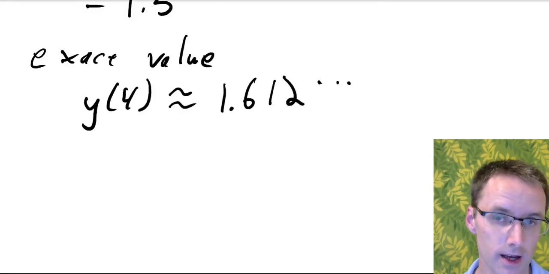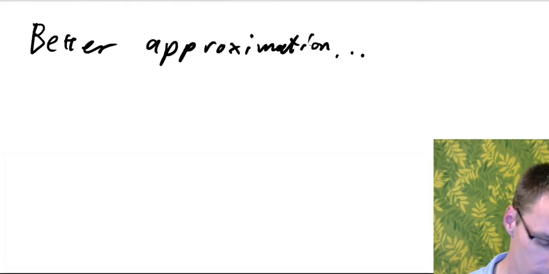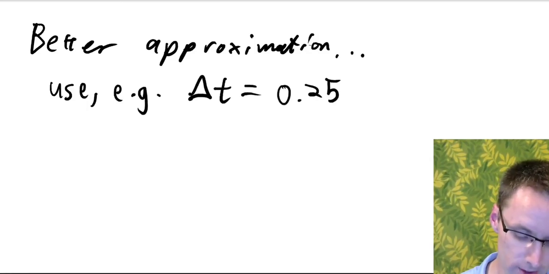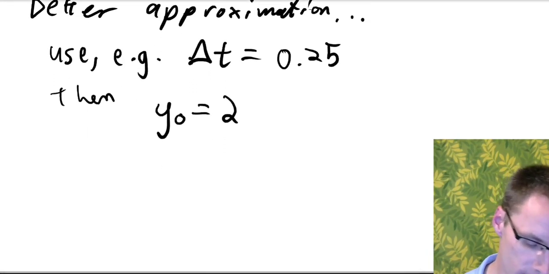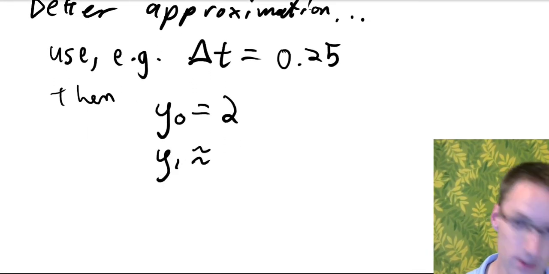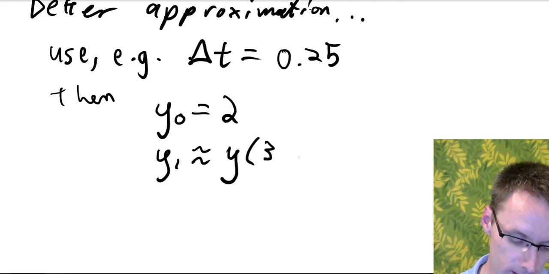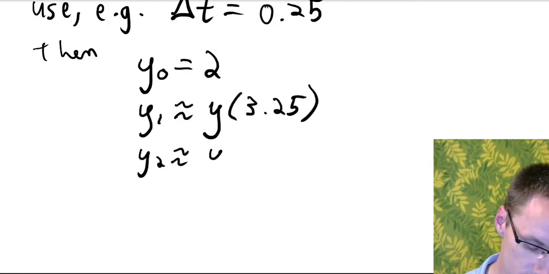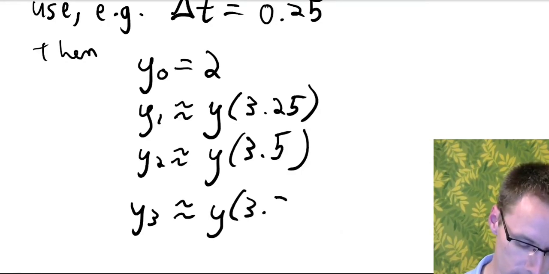If we wanted to get a better approximation, then we could use a smaller time step. So for instance, before we chose delta t to be a half, now we could choose it to be a quarter, 0.25. Then we would still have y0 equal to our initial condition. y1, though, would not be an approximation to y at time 3.5, but an approximation to the exact solution at time 3.25. And y2 would be an approximation to y at 3.5. y3 would be at another delta t, so we get 3.75.